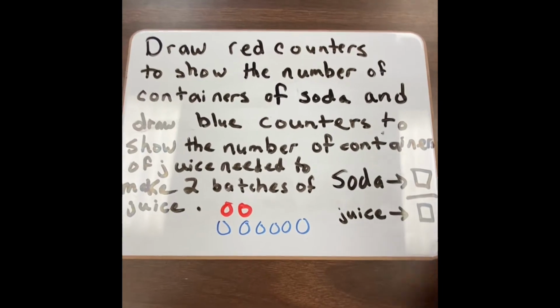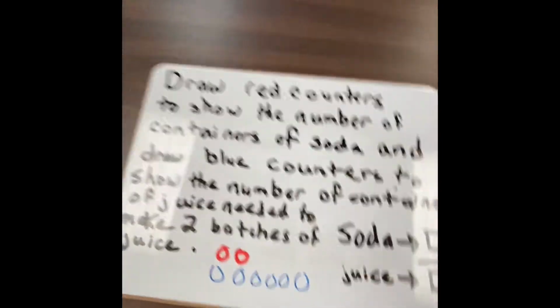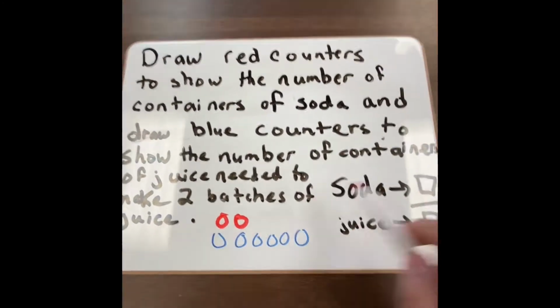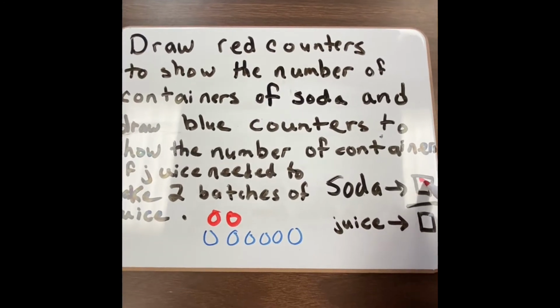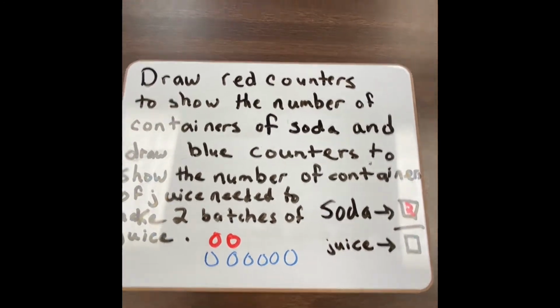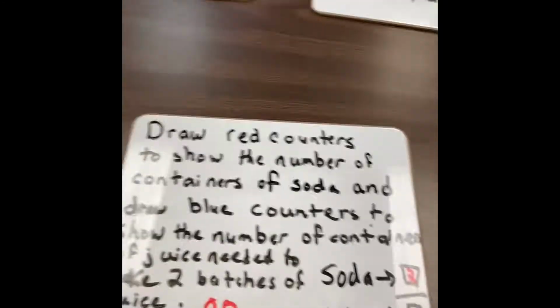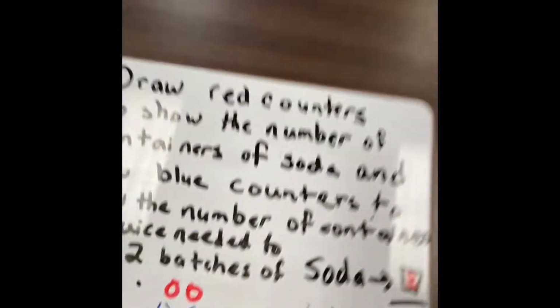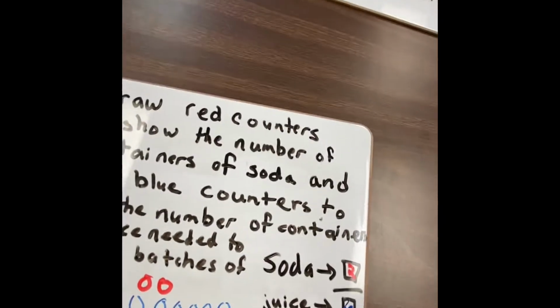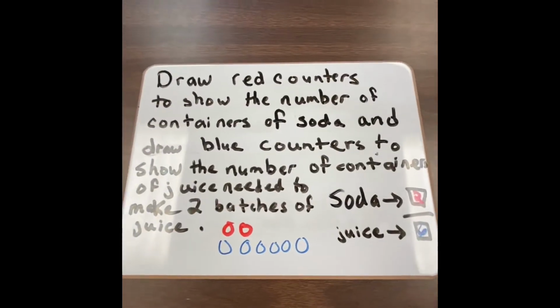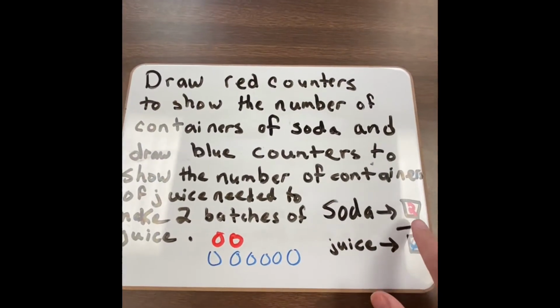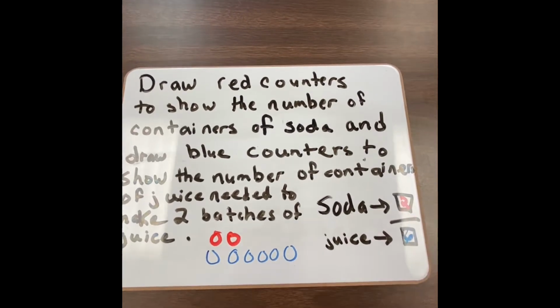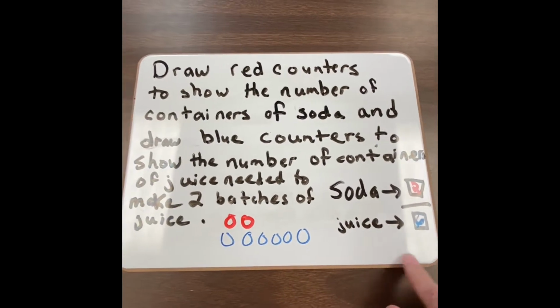We would have to have how many sodas? Count the red, 1, 2. And how many juices? 1, 2, 3, 4, 5, 6, right? So 6 would go there. So then, for 2 batches, we would have to have 2 containers of soda and 6 containers of juice.